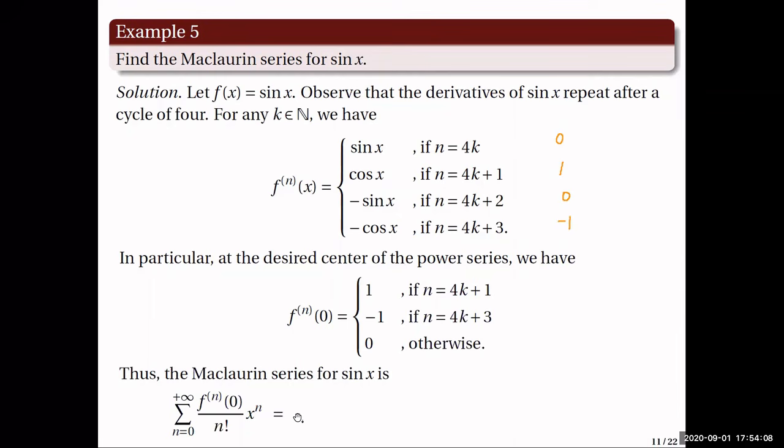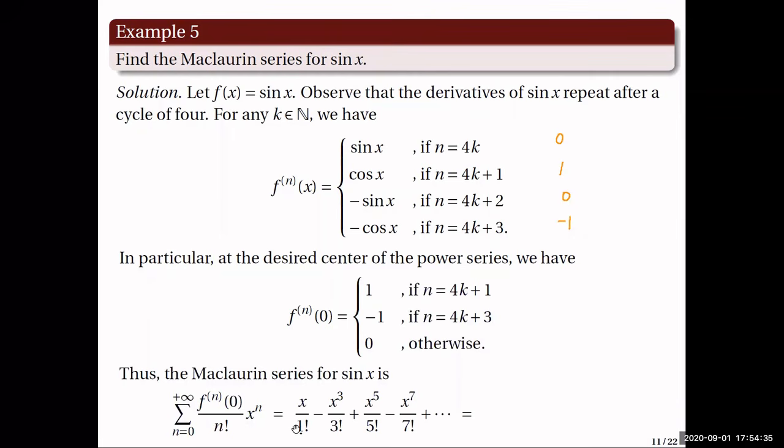So this is 0 plus, when n is 1, we get x over 1 factorial, and then plus 0 minus x cubed over 3 factorial, plus 0 plus x to the 5th over 5 factorial, plus 0 minus x to the 7 over 7 factorial, and so on.